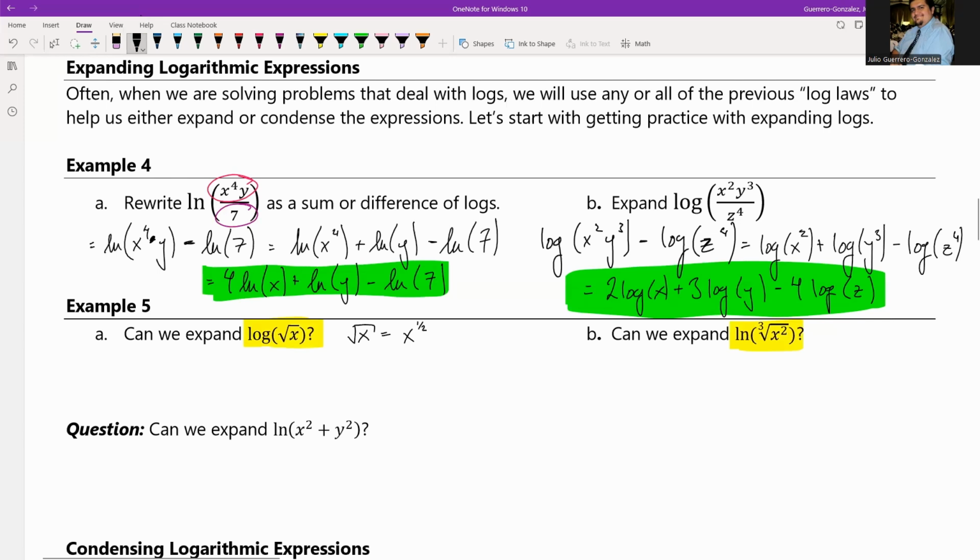So then that means I can do log of the square root of x is equal to log of x to the 1/2. And now I can use my power rule for logarithms to bring out that 1/2. So this is now equivalent to 1/2 log of x.